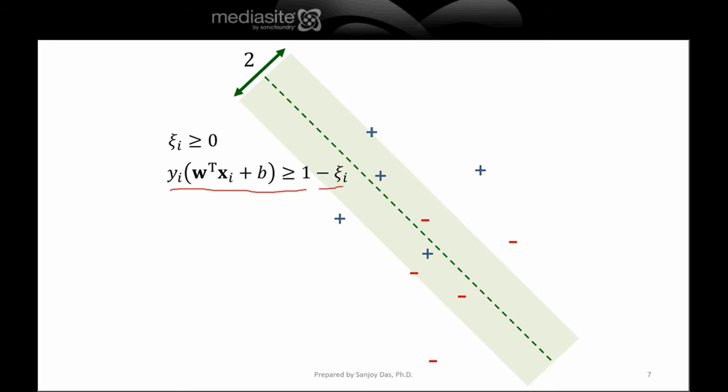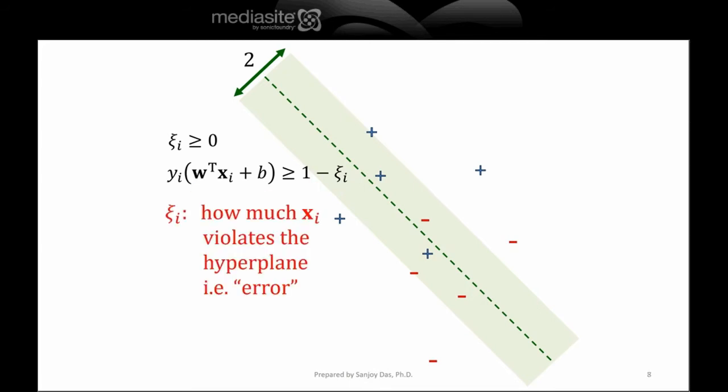Zeta i is our tolerance that addresses the issue of errors when some of the points cross over into the forbidden region and beyond. For the hard margin classifier, we only had y_i times (w transpose x_i plus b) greater than or equal to 1. But now we have this minus zeta i as the modification.